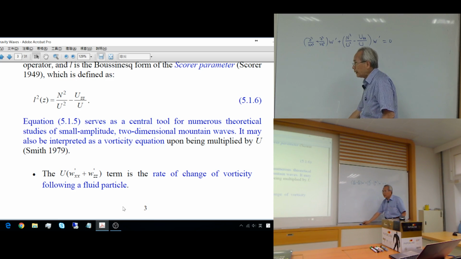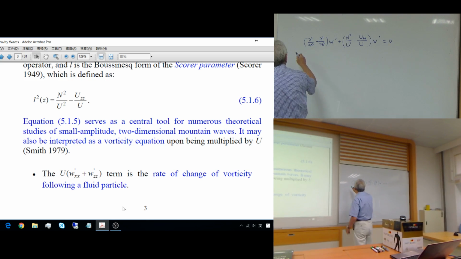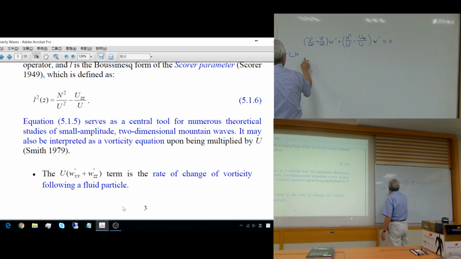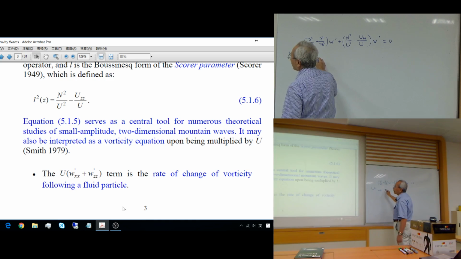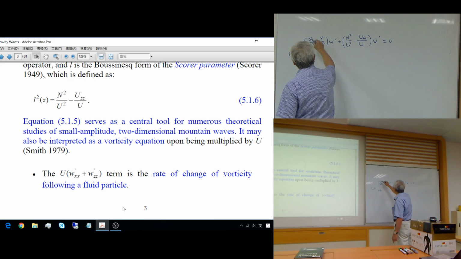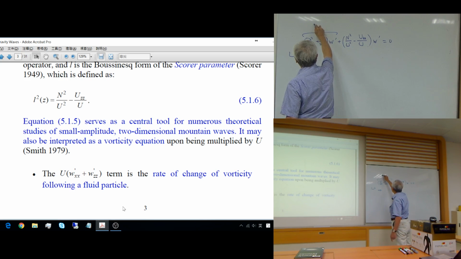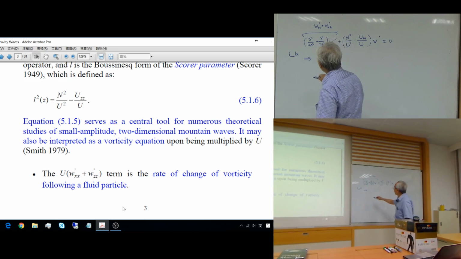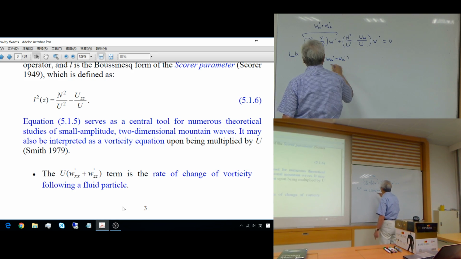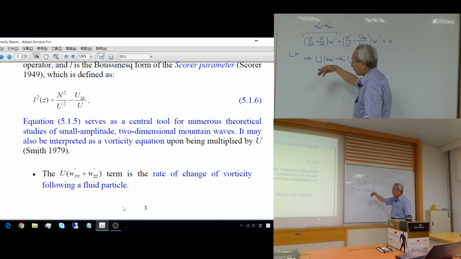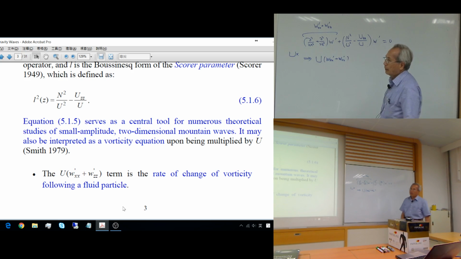What we can do is multiply by U. So we multiply by U, and that gives us U times W prime xx plus W prime zz, just a different way to write it, except we multiply U on all the terms.